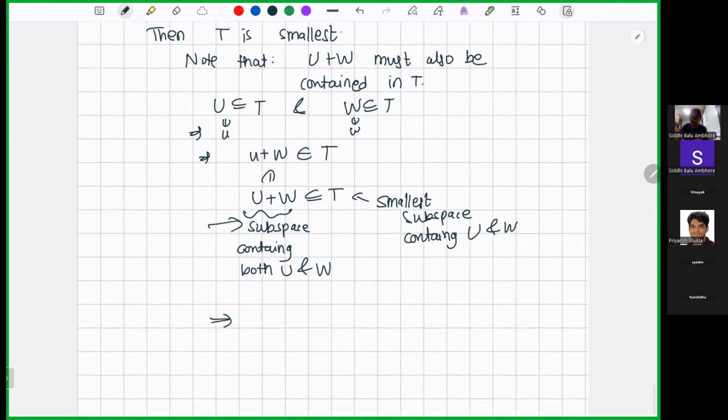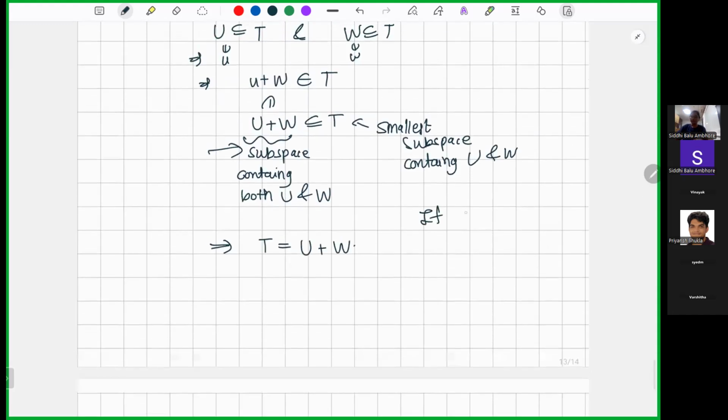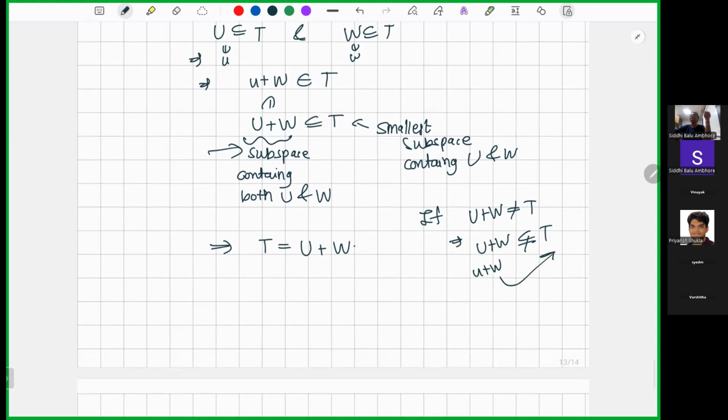That T must be equal to U plus W. Otherwise, if U plus W is not equal to T, then U plus W will be properly contained in T. So there will be some element in T which is not in U plus W, but that will contradict the fact that T is the smallest subspace. So all the elements of this form are there, and they are definitely inside the subspace T.